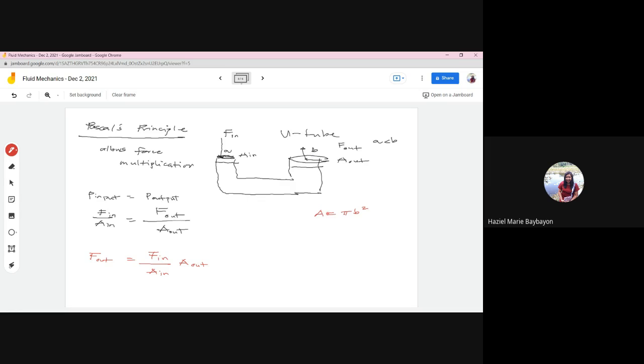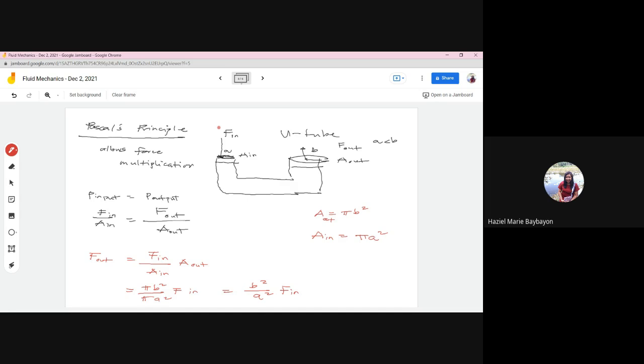In this case, A out is pi b squared and A in is equal to pi a squared, where a and b are the radii. So F out is equal to pi b squared over pi a squared multiplied by F in. We can cancel pi out, so F output is equal to b squared over a squared multiplied by F input.